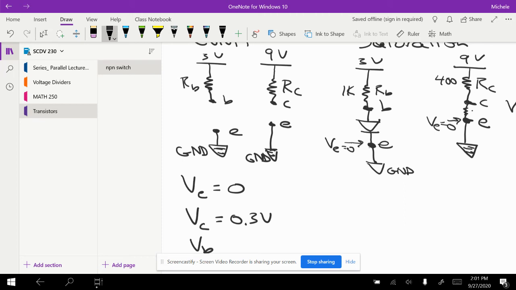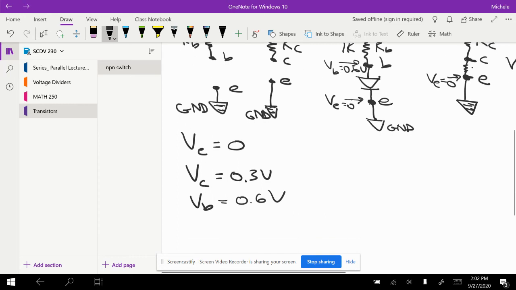That matches what's happening on the C to E circuit. And then this VB has to be 0.6 volts. So VB is equal to 0.6 volts. And how do I know that? Well, I know that I have to have 0.6 volts at B in order to be able to use it from B to E. And then I know that E is at 0 because it's directly connected to ground. So that's why my VB has to be 0.6 volts.